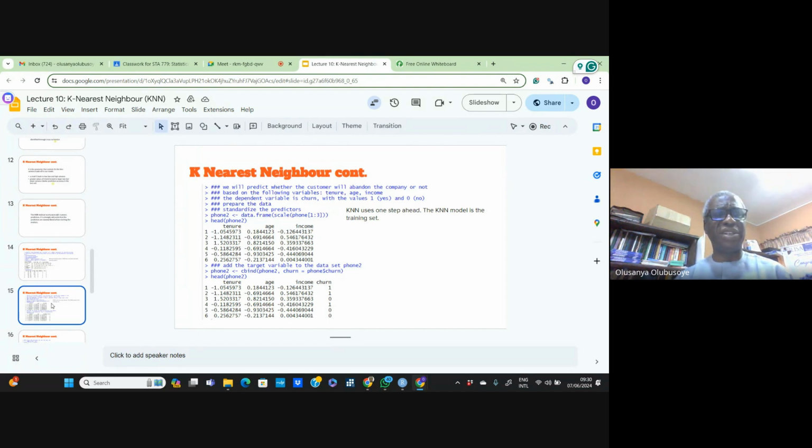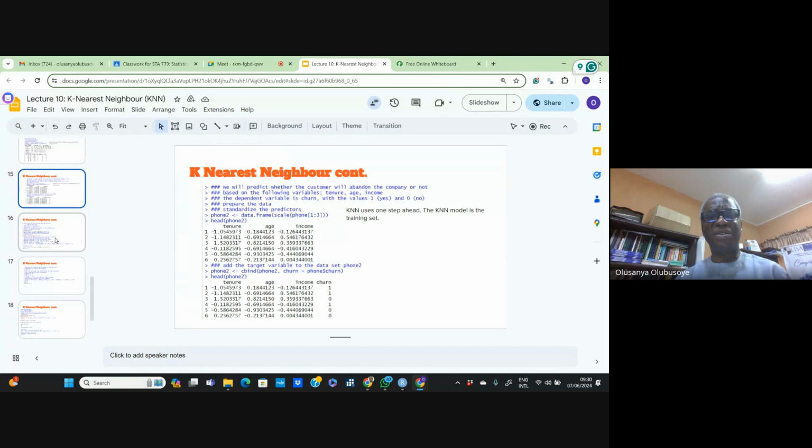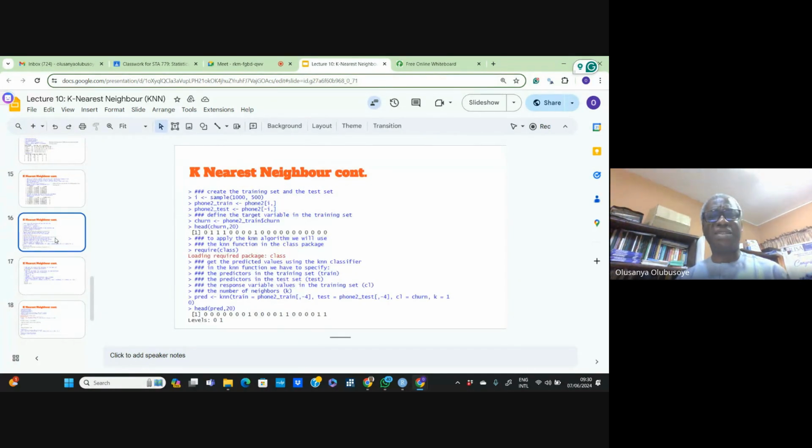The numeric predictors are the tenure, the age, the income. So you standardize that. That's what is done here using the scale function. Again, you put the standardized values into the data. So you have data now in standardized form.